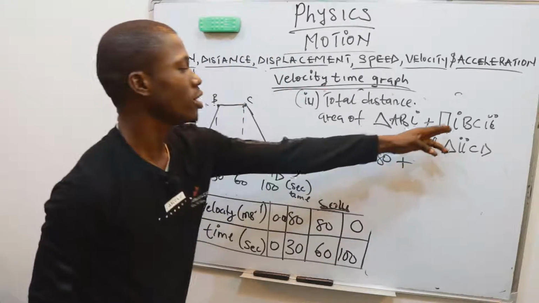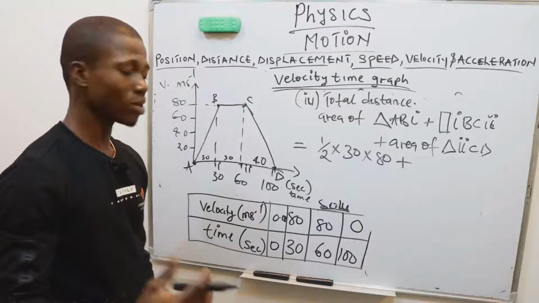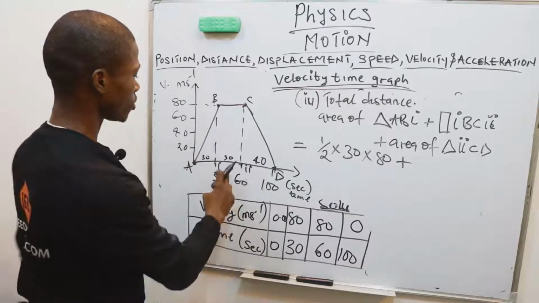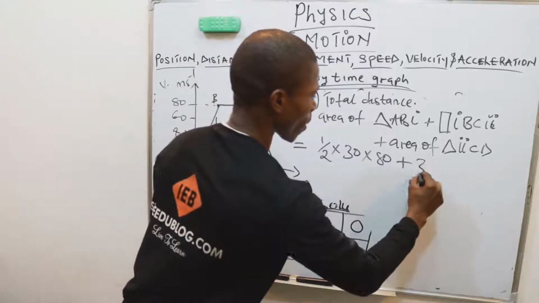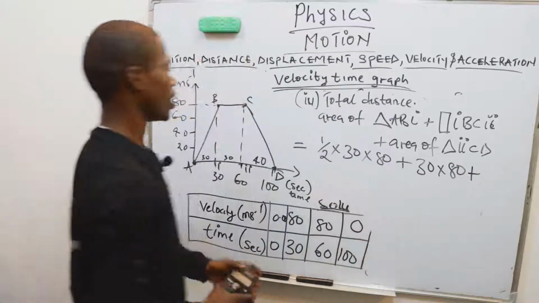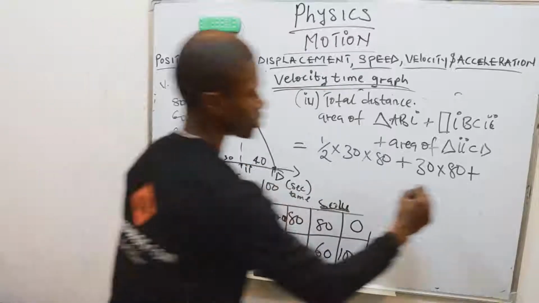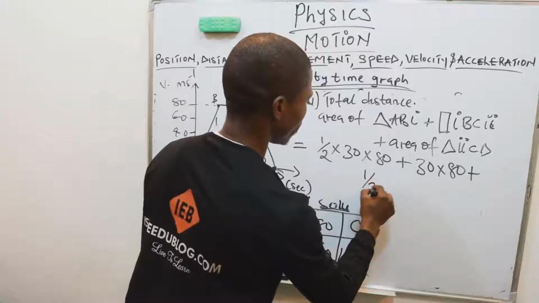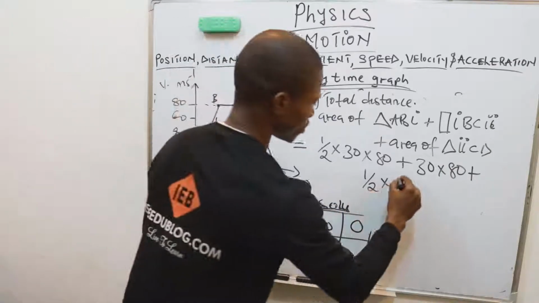Plus the second area, for the rectangle, which is base times height: our base is 30 times height 80, so 30 times 80. Plus our final triangle, half base times height: half times our base 40 times our height 80.